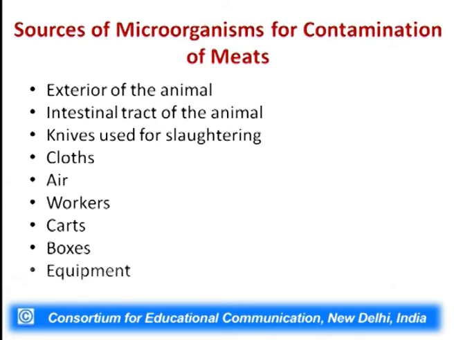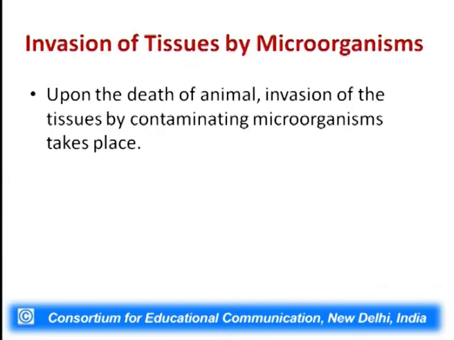Several people are known to be carriers of pathogenic microorganisms and they may contaminate meat. Carts, boxes and equipment may also act as sources of microorganisms. So, all these sources lead to the addition of microorganisms to the meat, or contamination of the meat.